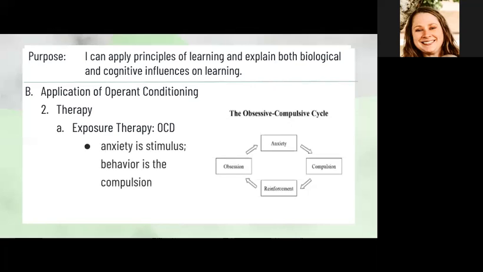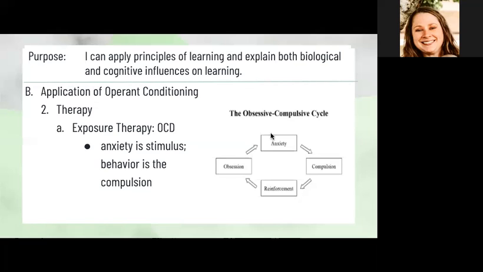So what we're looking at here is that anxiety is the stimulus and the behavior is the compulsion. So this essentially is negative reinforcement. Let's say a person with OCD, I'm going to do a hand washing one.